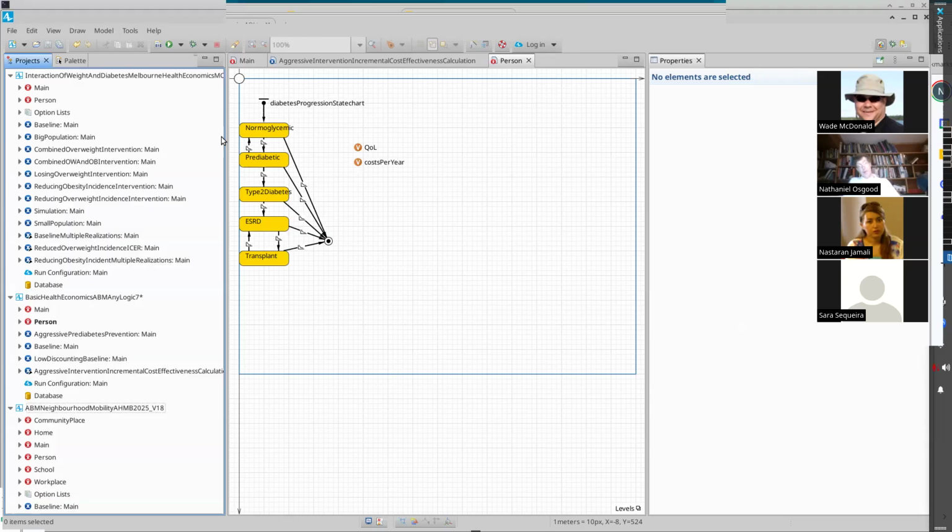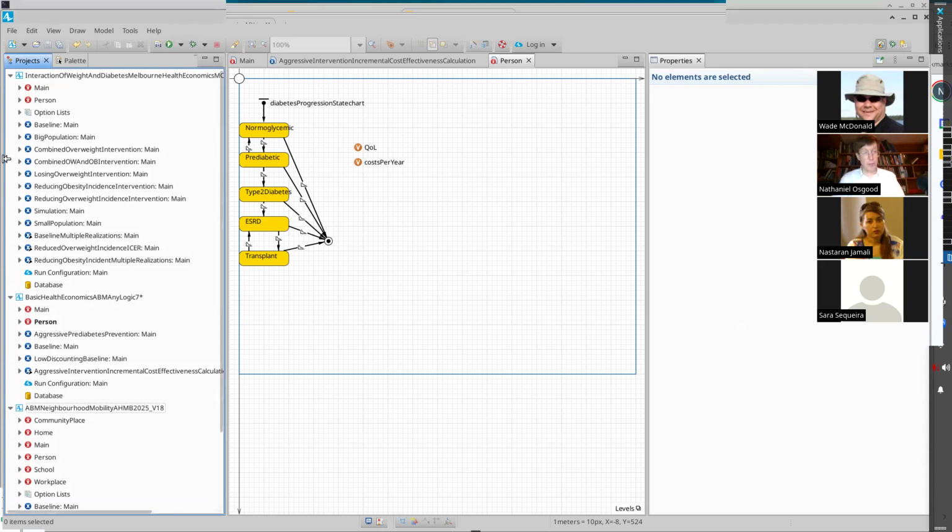So if you encounter any models from our example models which you cannot open, where it says you need an earlier version of AnyLogic or what have you, let us know so that we can remedy that. I, in fact, did that with this model earlier over lunch.